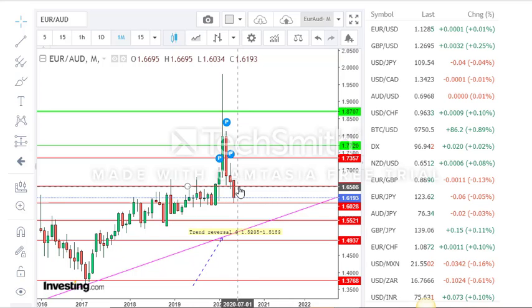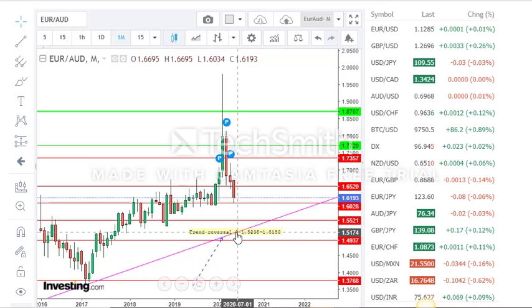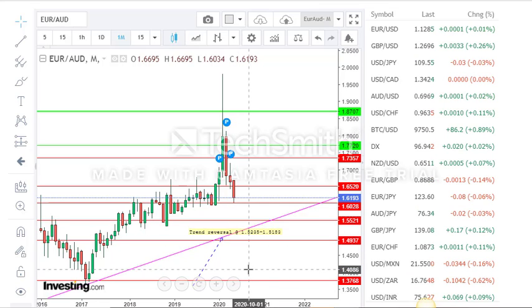So with this particular pair, I would not try to get in on a long. I would only stay short at least until you got to this level right here, 1.5521, and then see if it actually tries to test this trend line and whether or not it holds and goes up or it breaks and goes down.